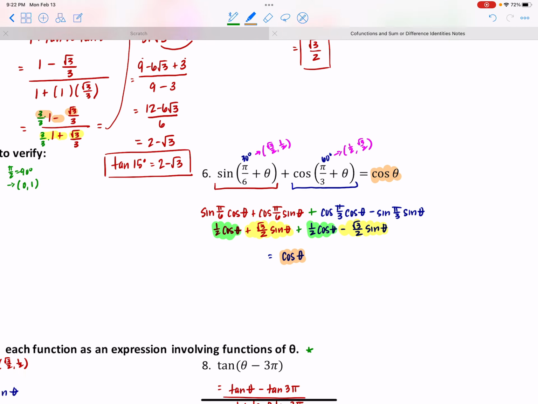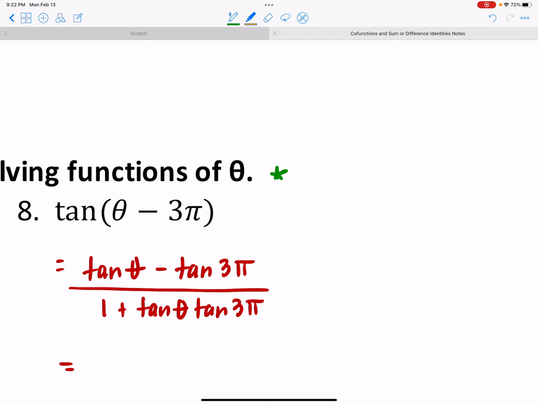So 3 pi is coterminal to pi, and we're on the negative part of the x-axis. So 3 pi intersects the unit circle at the same place pi does, and that is at -1, 0.